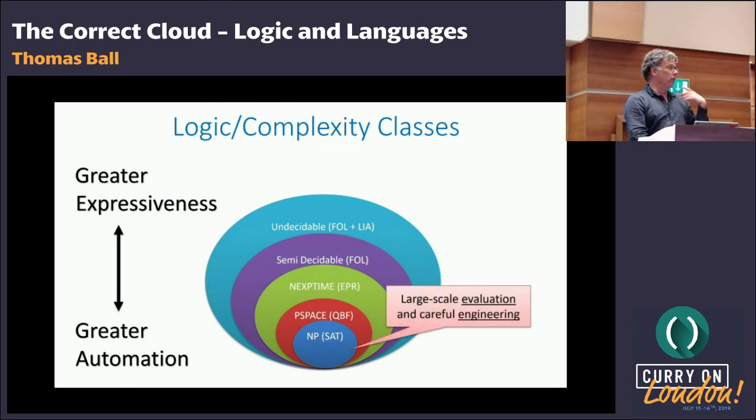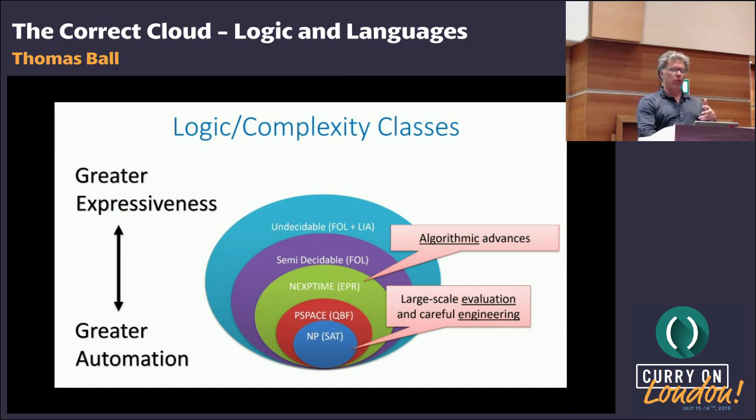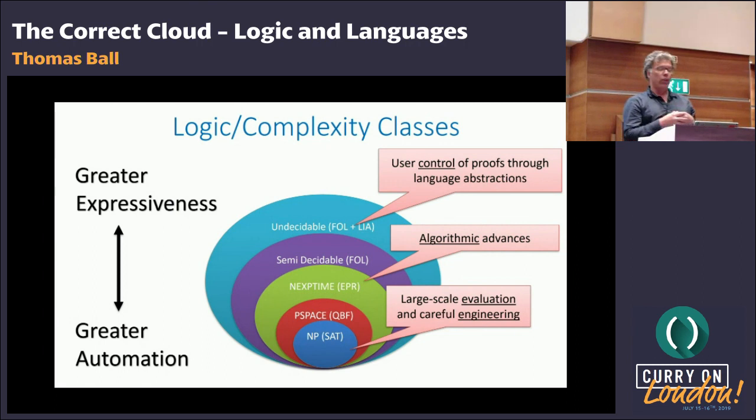We have decades and decades of careful engineering and large-scale evaluation of solvers at the low level. We have algorithmic advances on decidable problems, and we have user control of proofs through languages and language abstractions to deal with complex logics, as we'll see in the talk.